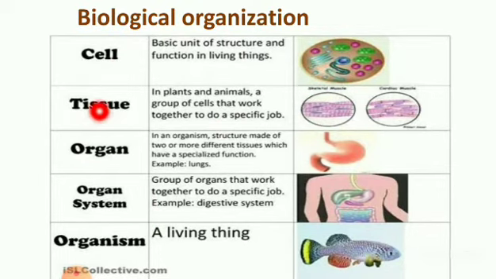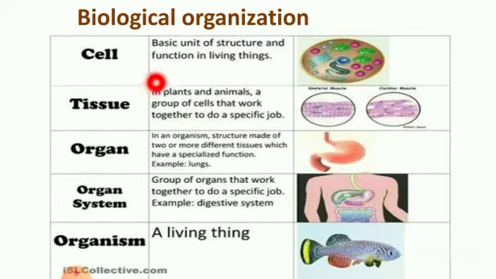It goes like cell, tissues, organ, organ system and organism. Each of these represents a level of organization. Irrespective of the level, they exhibit and can perform all the life activities like growth, metabolism, reproduction, etc.